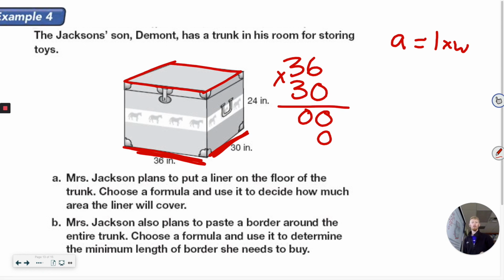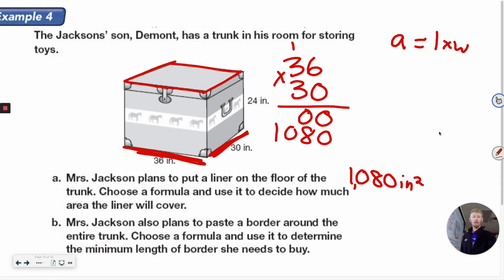Add another 0 for your 3. 3 times 6 is 18. 3 times 3 is 9, plus 1 is 10. So for A, the area of the bottom would be 1080 inches squared.